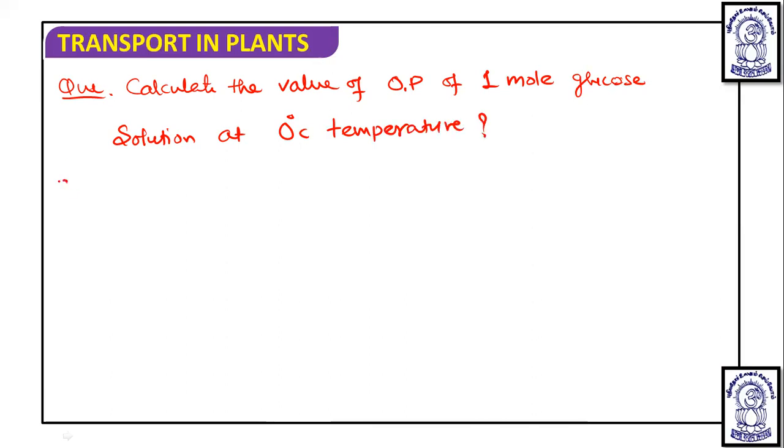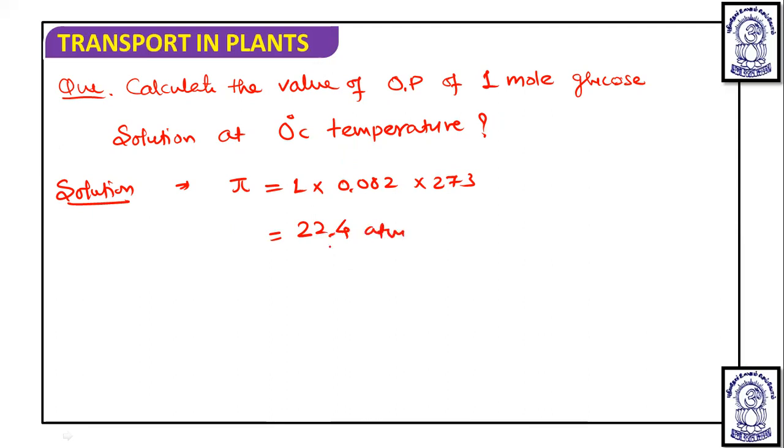Here pi is equal to 1 into CRT. So C is 1, the gas constant is 0.082, and temperature is 273 Kelvin. So it is going to be 22.4 atmospheric pressure. That is the osmotic pressure.